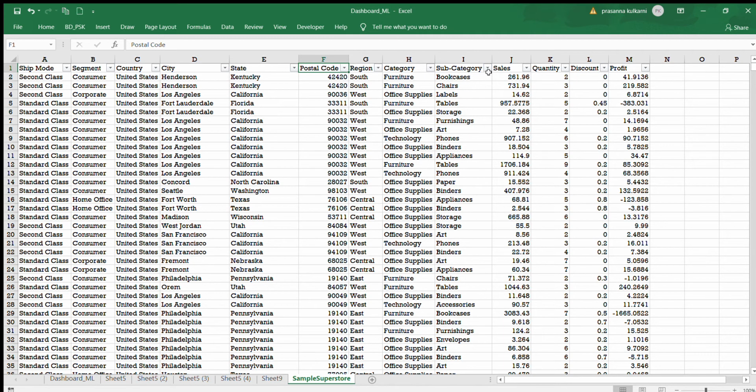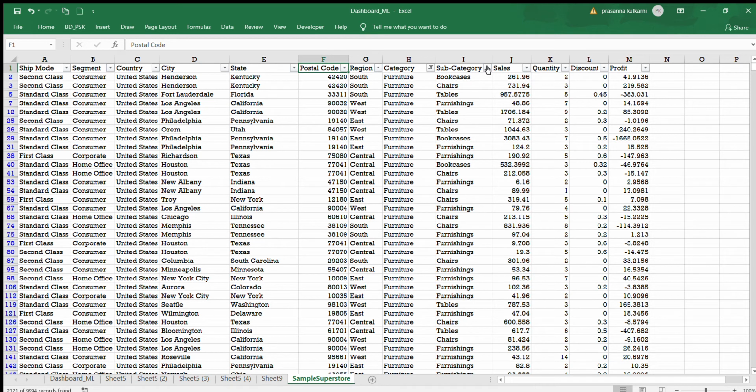And there are subcategories. If we take furniture, there are bookcases, chairs, furnishings, and tables.